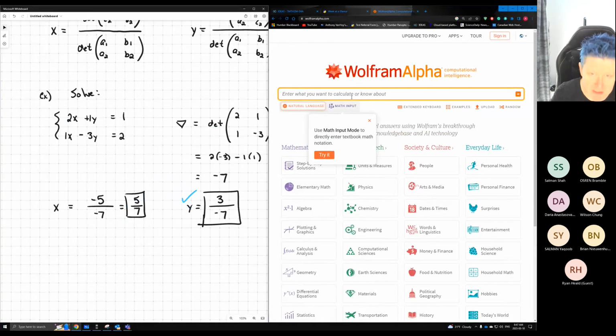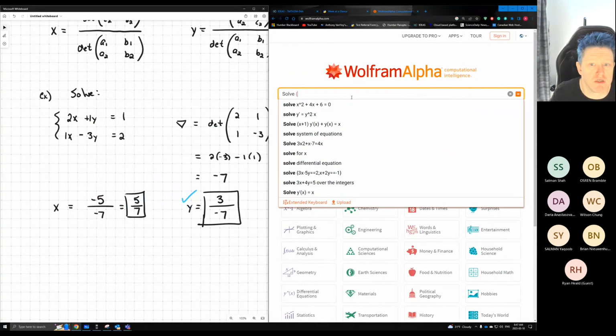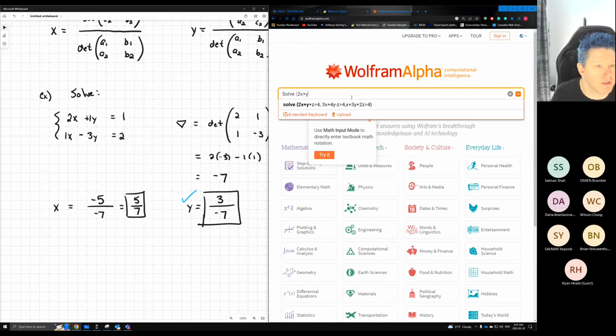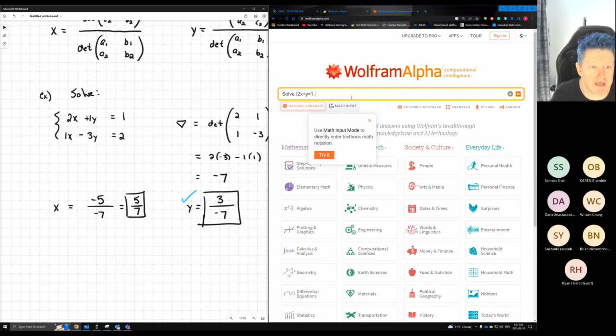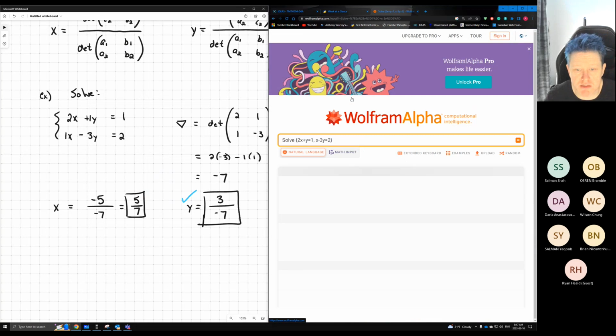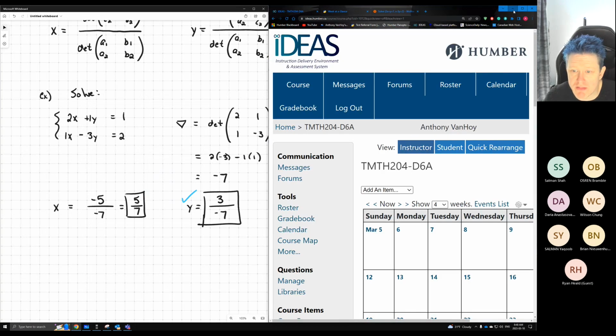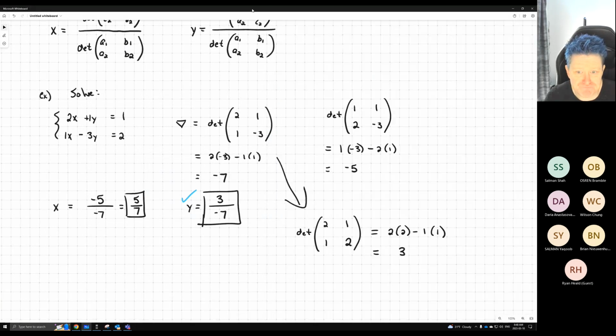So let's say solve the system. Solve 2x plus y is equal to 1, and x minus 3y is equal to 2. See what it gets. So it gets x equal 5/7 and y equal -3/7. Okay, so Wolfram Alpha agrees with our solution.